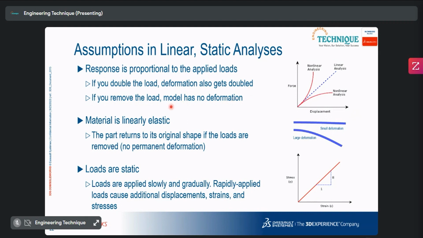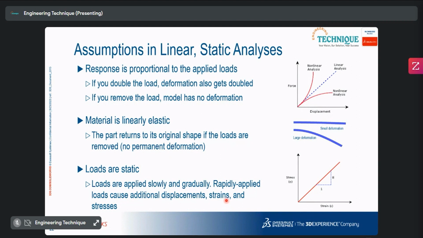When you remove the load, the model returns to its original position, so there is no permanent deformation. The material is linearly elastic. And the loads are considered static, that means the loads are applied very slowly and gradually. Rapidly applied loads cause additional displacement, stress, and strain.